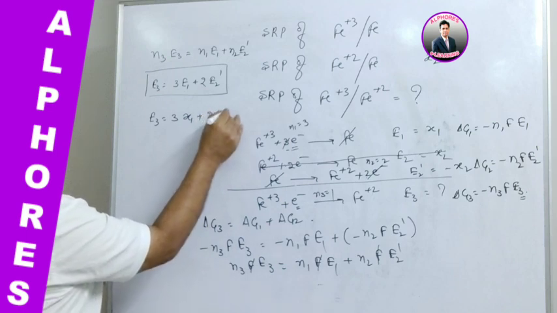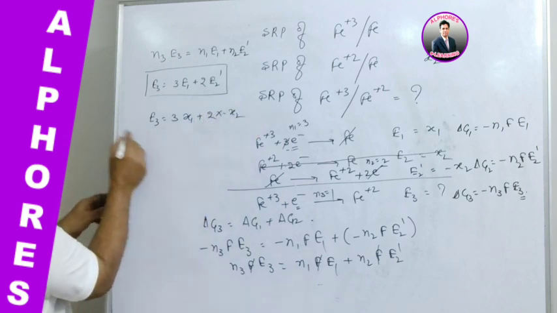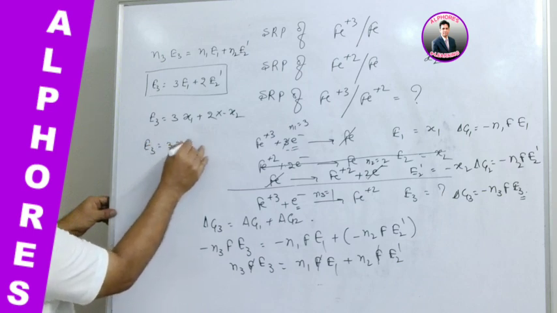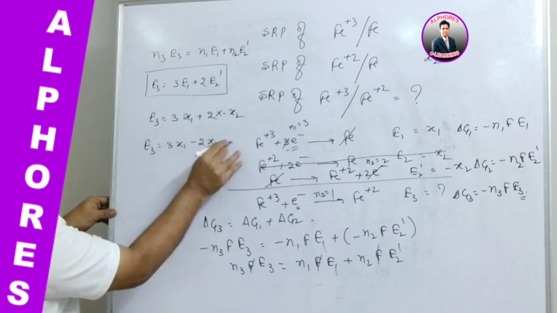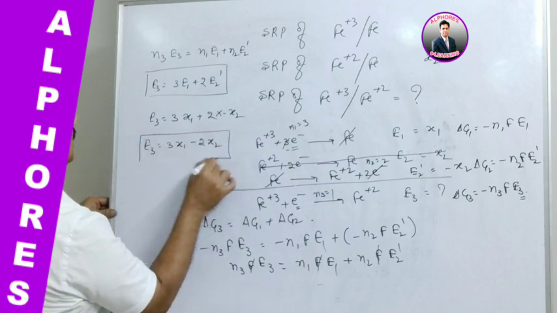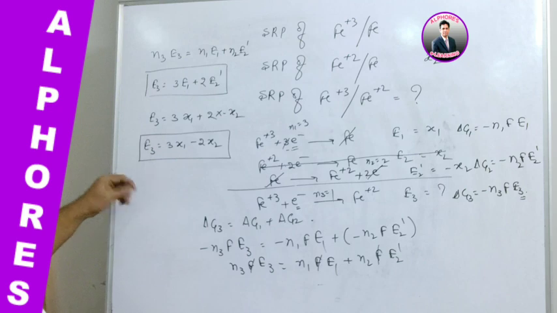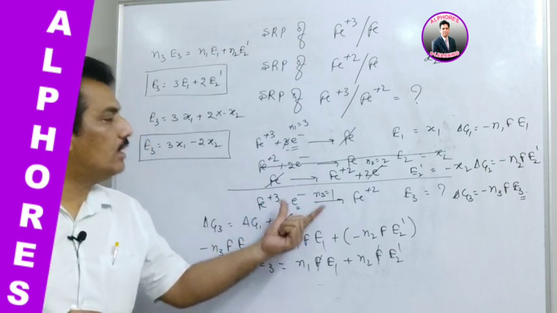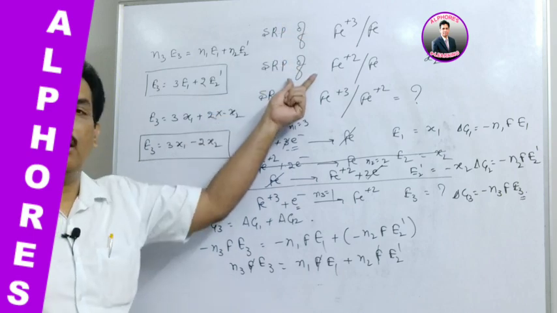So 2 into minus x2. Thereby we get E3 is equal to 3x1 minus 2x2. This is nothing but finding the electrode potential of the required equation from the given data.